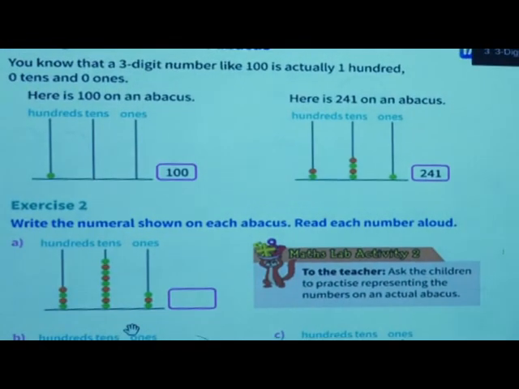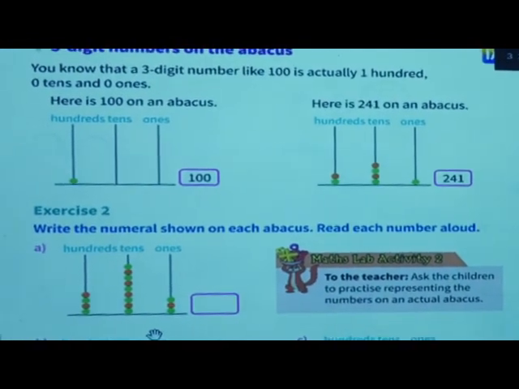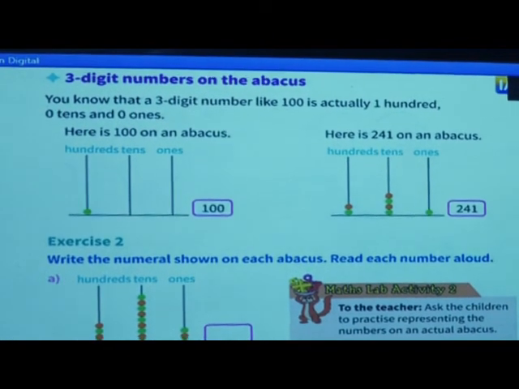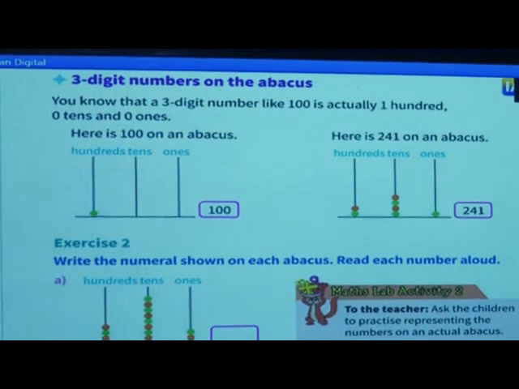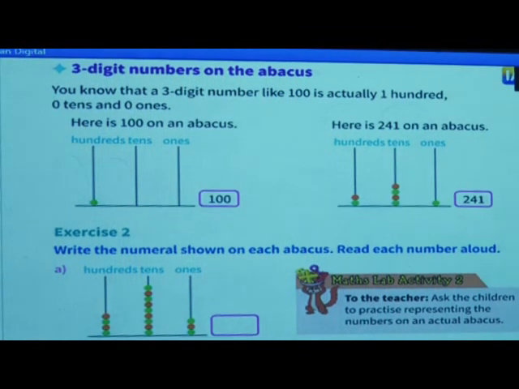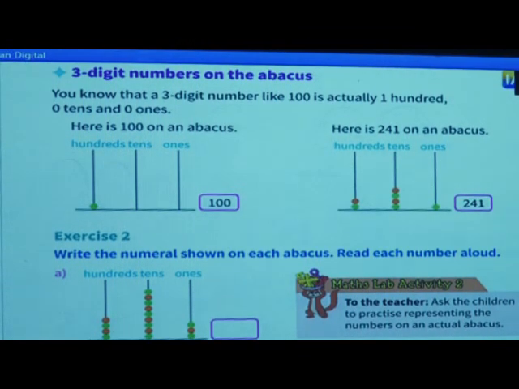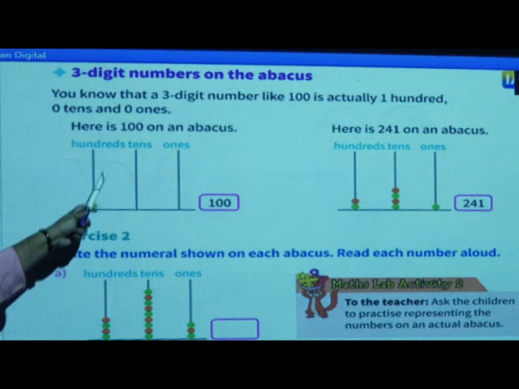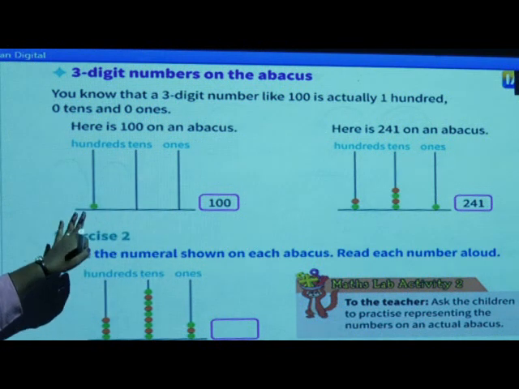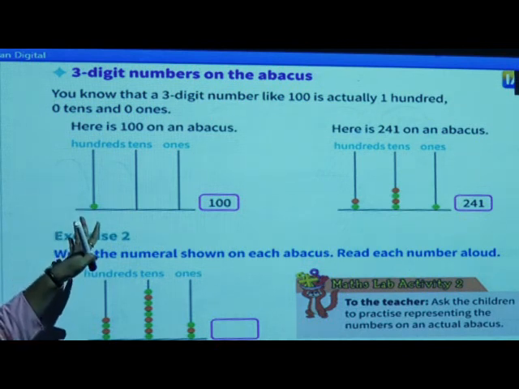Now see here, you know that a 3-digit number like 100 is actually 1 hundred, 0 tens and 0 ones. 100 means how much? 100, 0 tens and 0 ones. Now here is 100 on an abacus. Now what is this? Hundreds, tens, ones. On the abacus you have to show it with the beads.